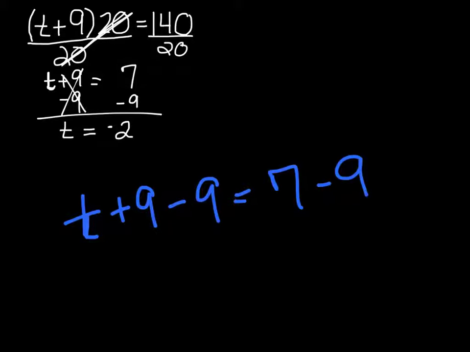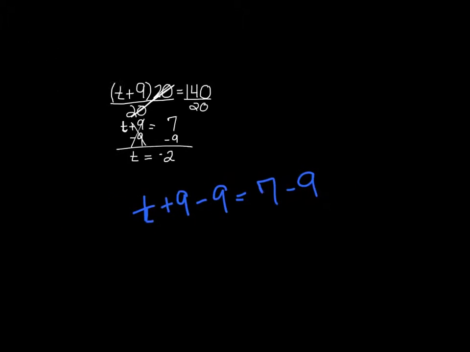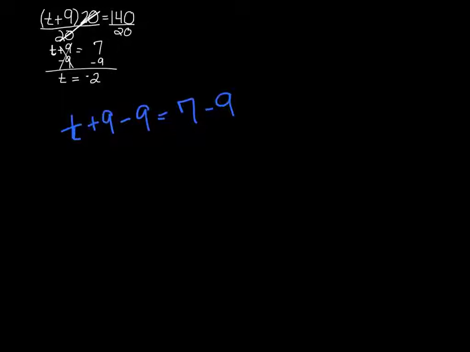Other times, yeah, because I look in my head and I know that's a positive 9, so I'm going to have to subtract 9. So I just go ahead and write it as I'm writing it out. Or there's this hybrid way that I taught this one over here. I call it the hybrid way. It's not really a hybrid way, but I write it out.